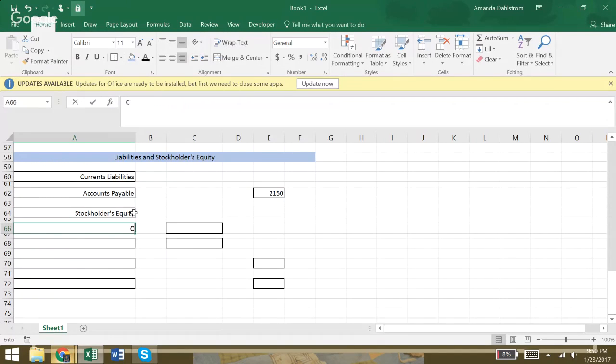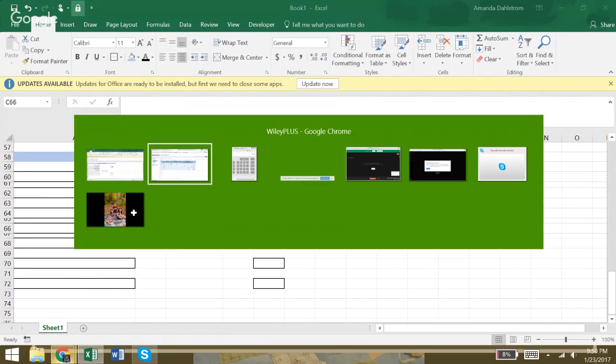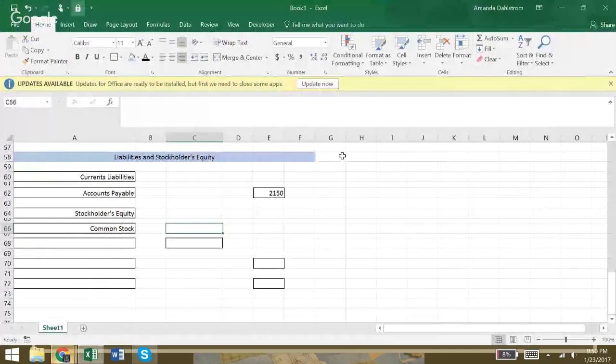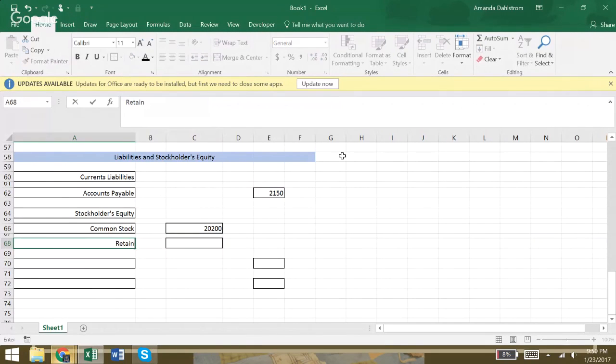And we always put common stock first on our stockholders' equity. And we can see up here, common stock, we have 20,200. The next line item on stockholders' equity is always the retained earnings, and it's always the ending retained earnings.